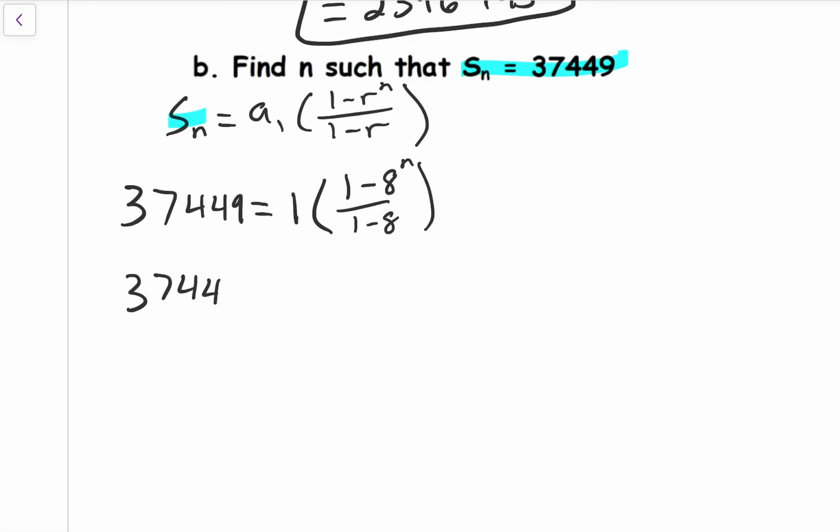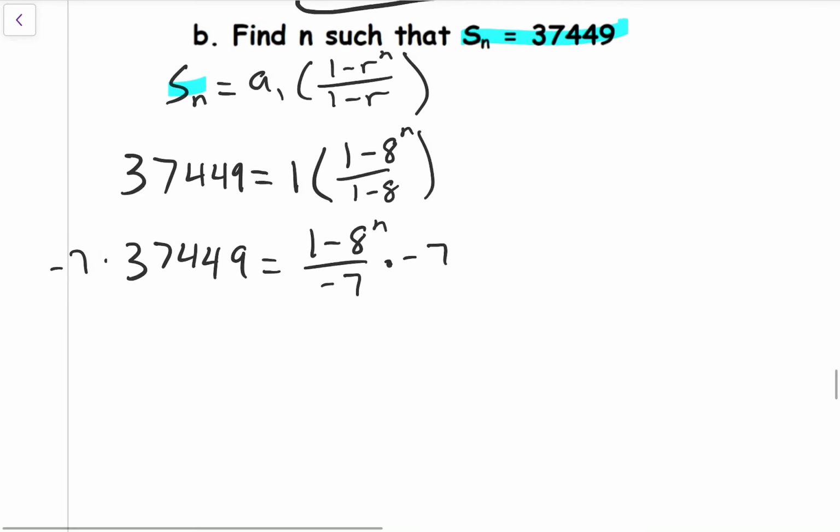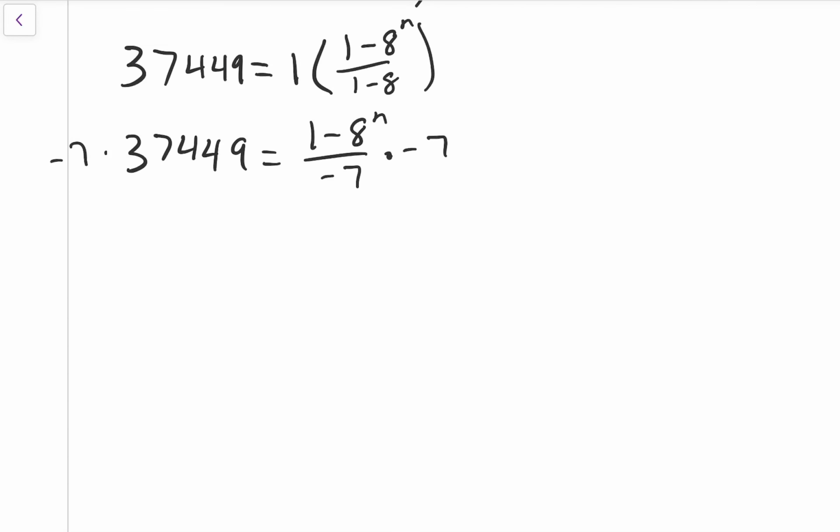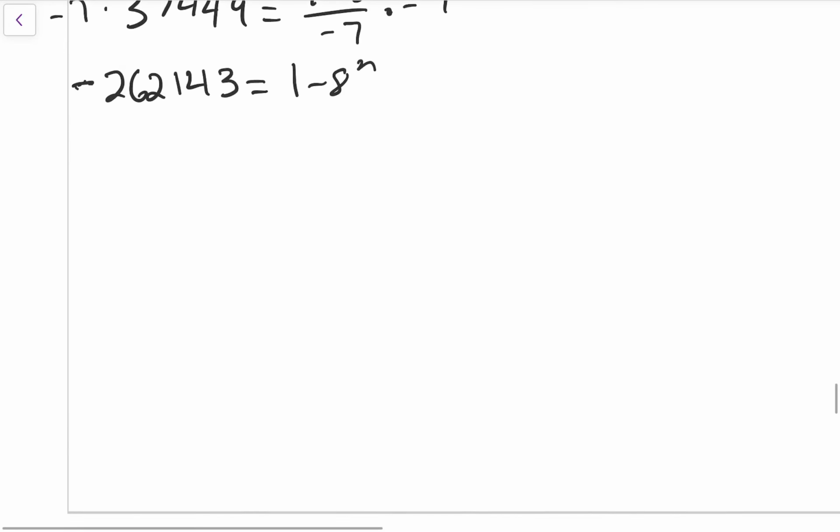So I'm going to say 37,449 is equal to 1 minus 8 to the n over negative 7. Multiply both sides by negative 7 to get rid of that. We are going to get negative 262,143 is equal to 1 minus 8 to the n.